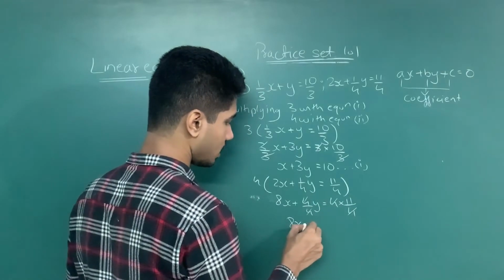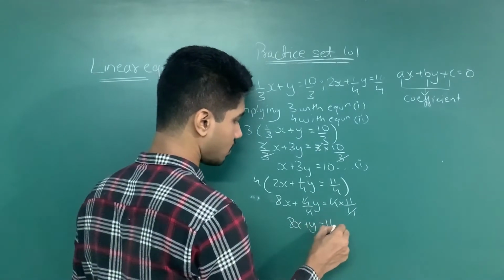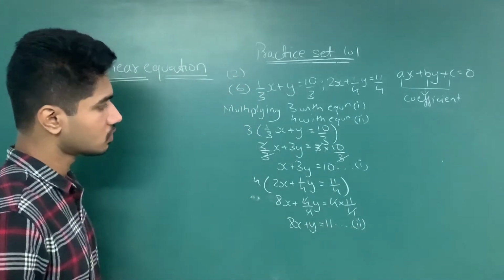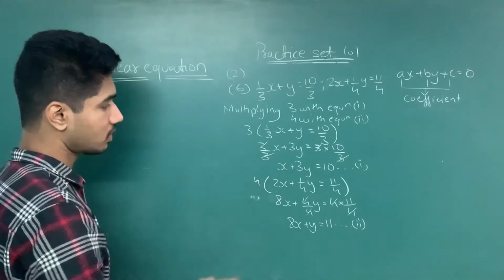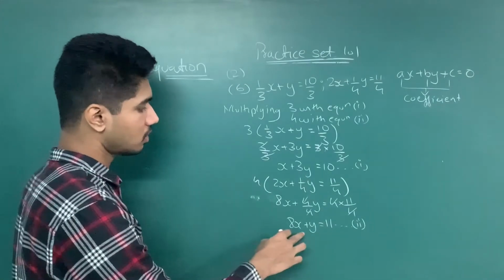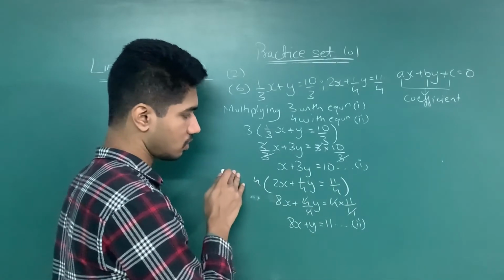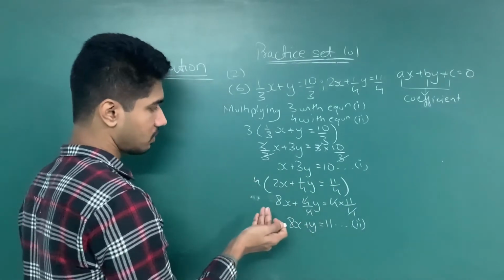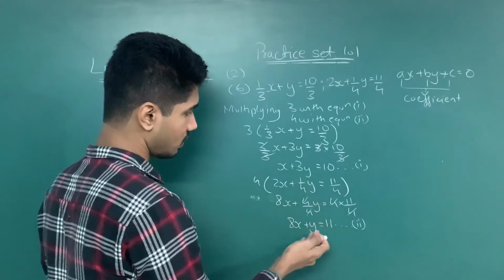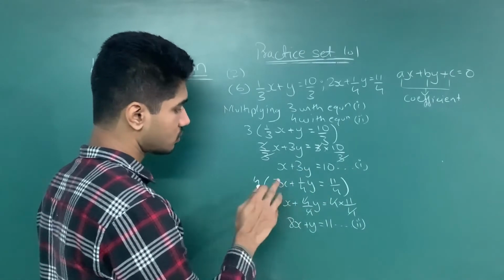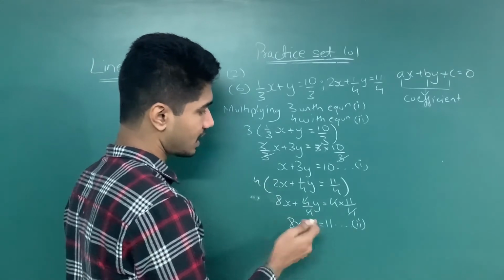You get 8x plus y is equal to 11, that becomes your equation number 2. So you get equation number 1, you get equation number 2. Now if you see, the coefficients of both the equations are different. So now you can use a multiplication part. You have to multiply something so that the coefficient becomes the same for any of the variables. You can use 3 for the equation number 2 so that it becomes simple.